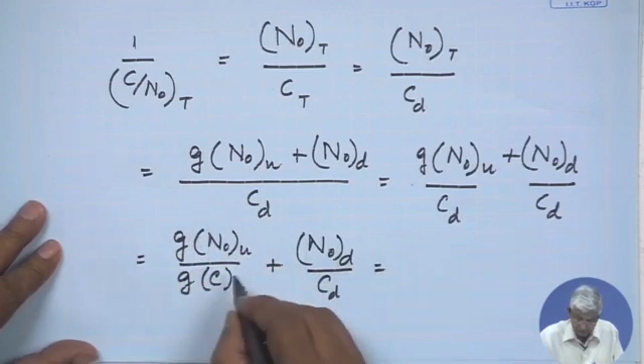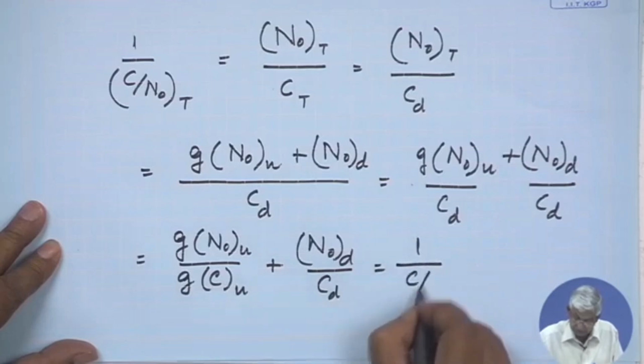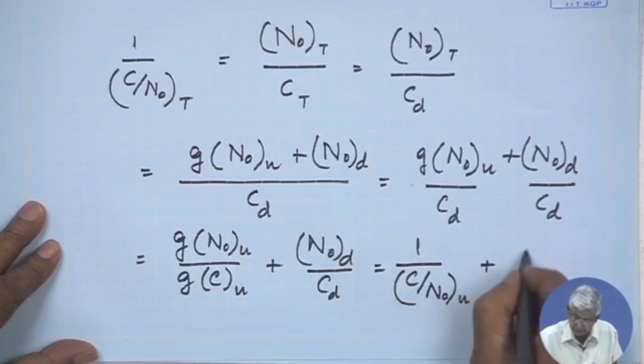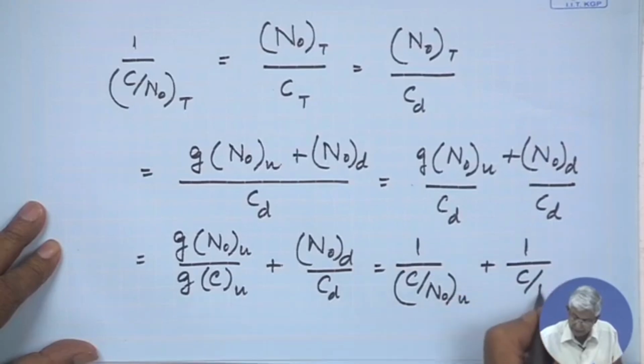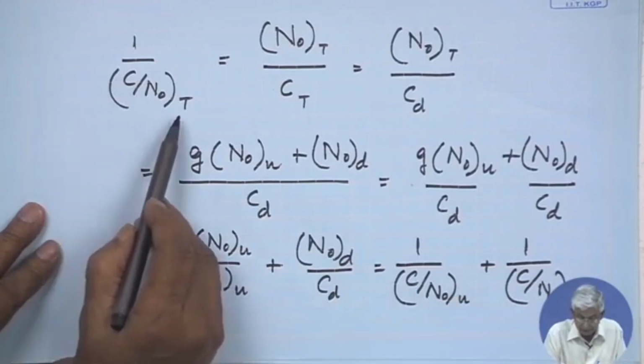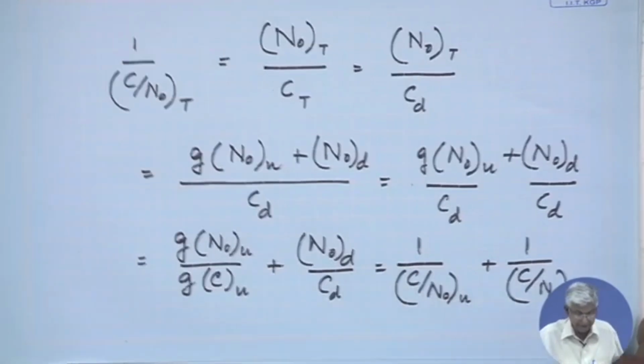So, I can write in reverse, that is 1 by C by N0 of uplink plus 1 by C by N0 of downlink. So, 1 by C by N0 total is equal to 1 by C by N0 uplink plus 1 by C by N0 downlink. That is what we get in a bent pipe transponder.